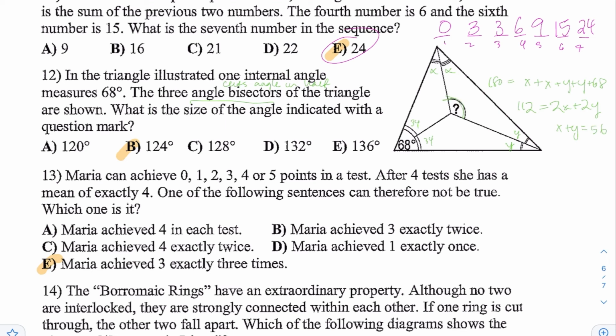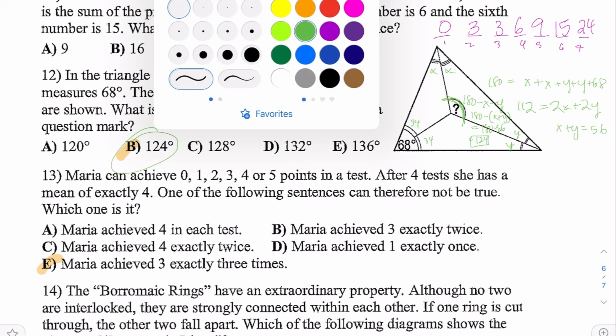It means that this angle here has to be 180 minus x minus y, or 180 minus (x plus y), which is equal to 180 minus 56, or 124. So choice B. You actually don't know what x and y are. It doesn't actually matter, but that angle has to be 124.